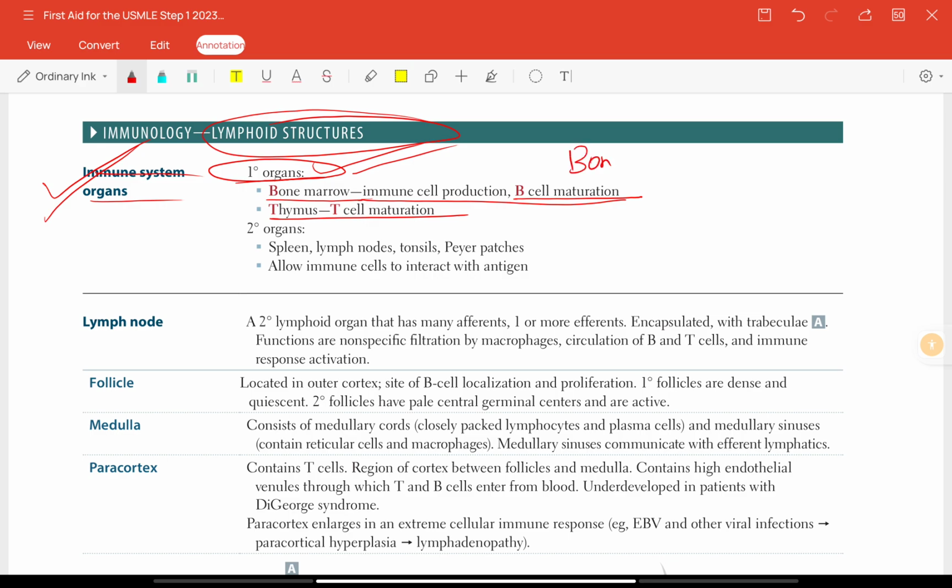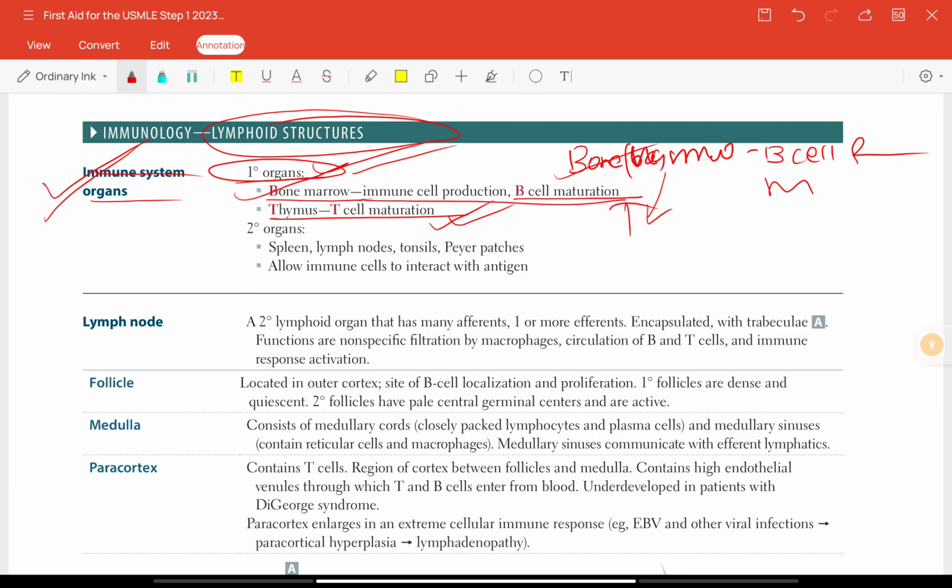So bone marrow is responsible for B cell production and maturation. Similarly, T cell production is from bone marrow, but maturation is in the thymus.